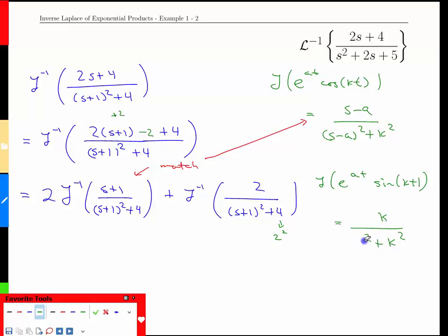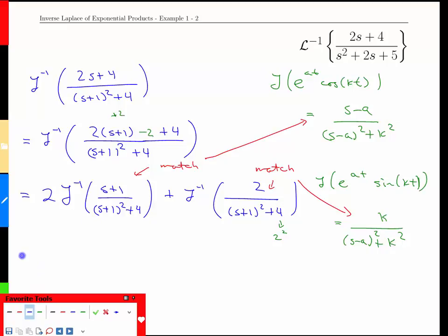Oops, one ingredient missed. We need to have the s minus a squared there. So if I was looking for a transform of an exponential times sine, I would need s shifted, squared, plus k squared, plus that same k value on the top. That's exactly what we do have. So now we have an exact match between both terms that we're trying to invert.